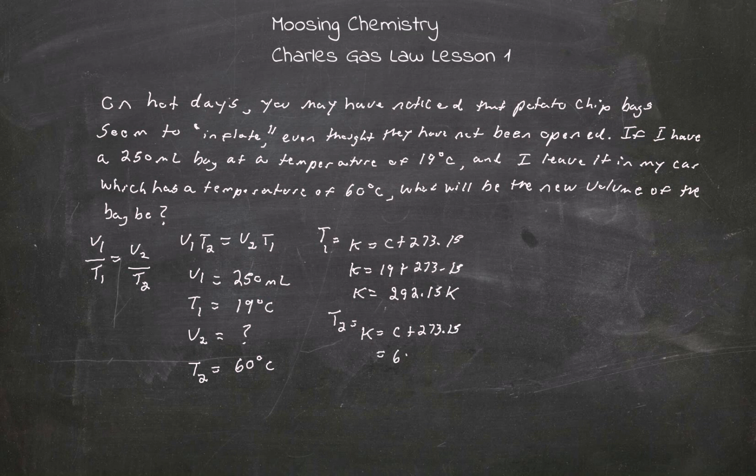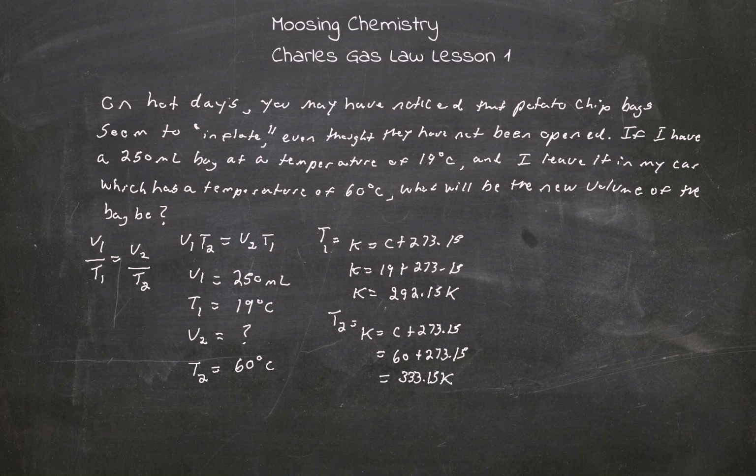So we go ahead and put in 60 there, plus 273.15, and our new value is going to be 333.15 K.